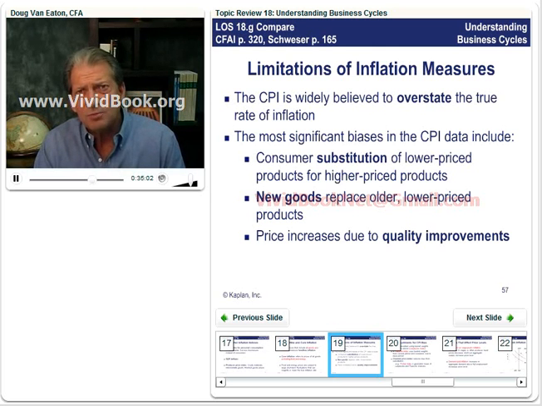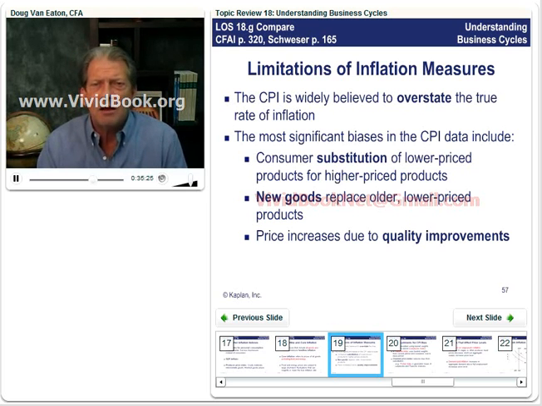Another reason it's believed to overstate the true rate of inflation is that new goods replace older, lower-priced products, and often that's tied with this last bullet point, price increases due to quality improvements. I have a hard time separating those, but maybe you can't. But think about automobile prices, transportation, built into this CPI.